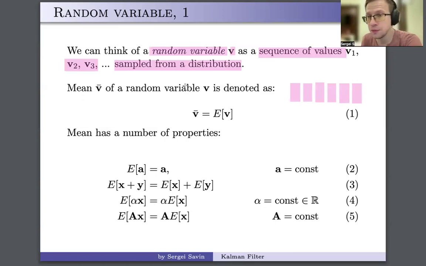Very typical probability distribution. Also, as you can imagine, it doesn't have to be scalar. You can sample each component of a vector from a distribution. Like each component can have its own distribution. And then you have a random variable as a vector. And of course, it doesn't have to be independent. Components of a vector don't have to be independent.